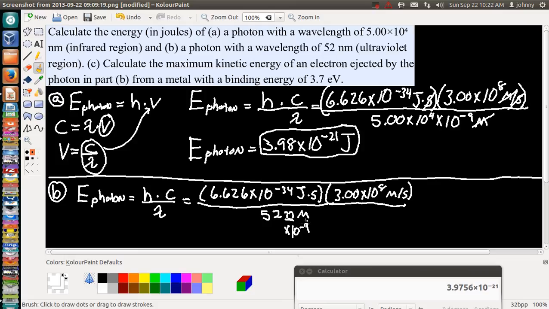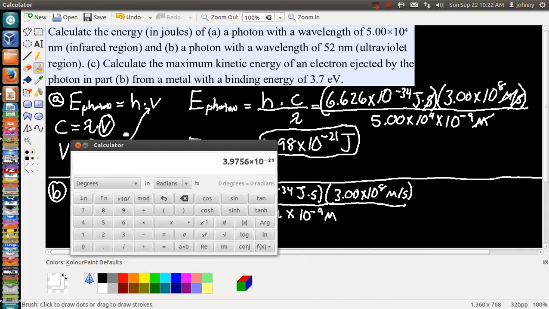That way we will instantly get meters, because that's what the prefix nano means in powers of 10. So 52 times 10 to the -9 meters. I know this is not written in scientific notation, but that's fine. It is only being used for computational purposes. It's not written as a final answer. But it does allow us to punch it into the calculator now.